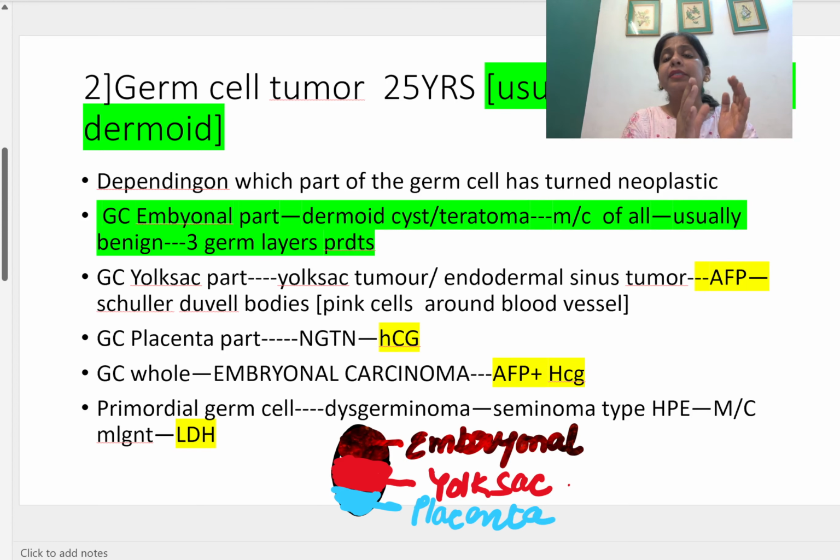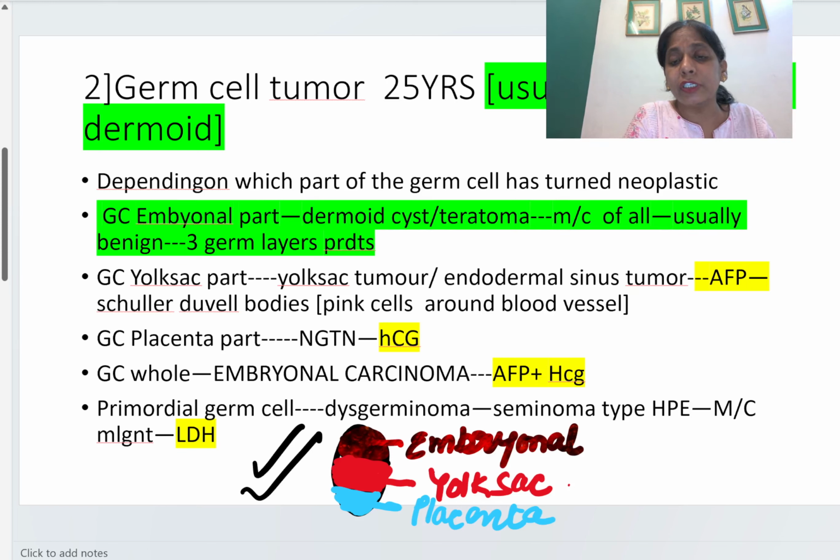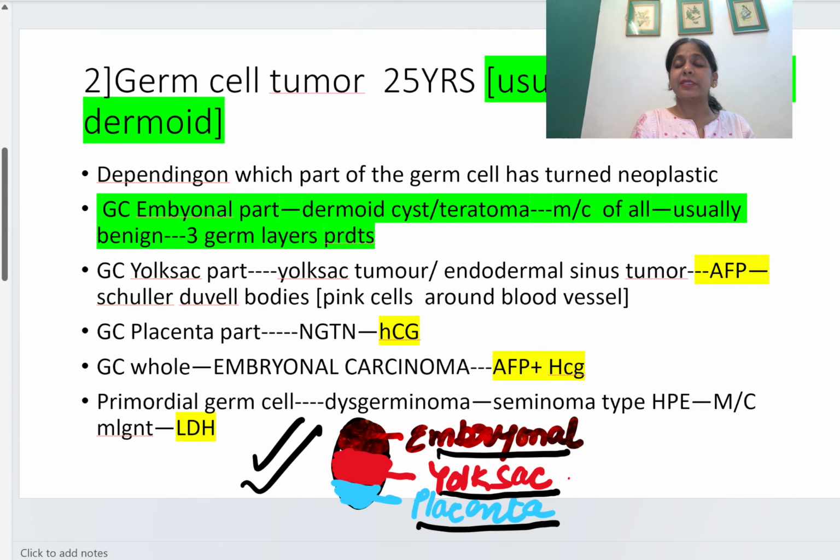To understand the subtypes of germ cell tumor, we are going to divide the germ cell hypothetically into three parts. You can see here in the slide, I have divided the germ cell into three parts: the part which makes the embryo, the part which makes the yolk sac, and the part which makes the placenta.